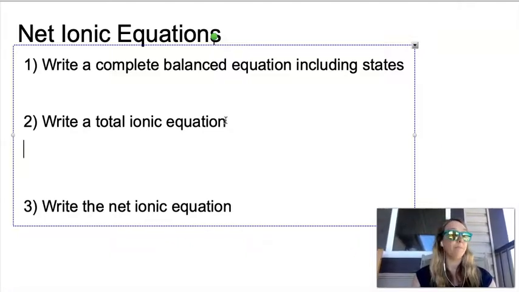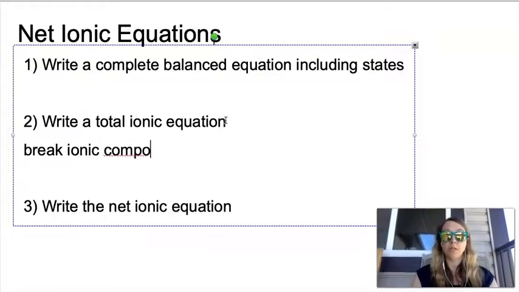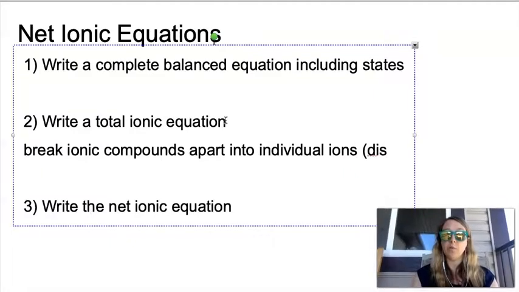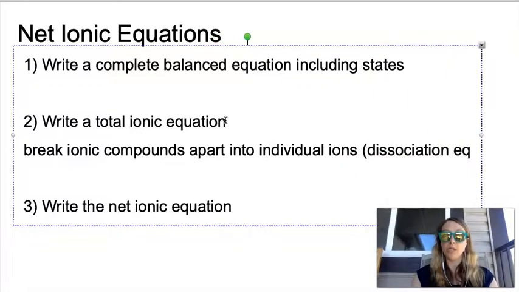So even though we might write NaCl, it's really sodium ions and chloride ions. So when we're writing a total ionic equation, we're going to break ionic compounds apart into individual ions, just like we did when we wrote those dissociation equations.